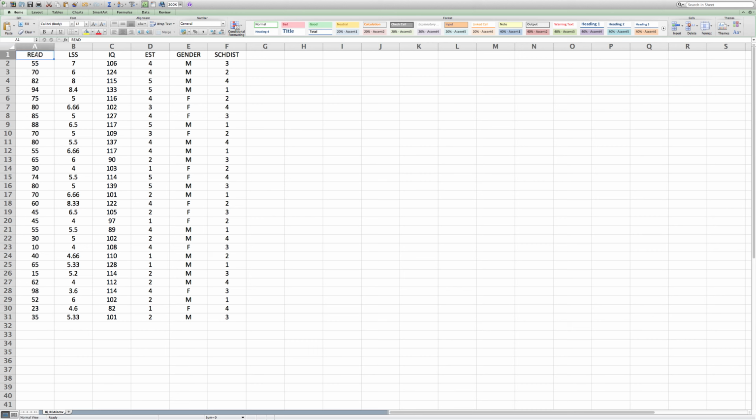Right here, they've got a reading score, and I think this reading score was taken from the Metropolitan Achievement Test. LSS is kind of a cool measurement. What they did is they let kids of this age group pick out 8 books. An independent observer, probably a teacher or maybe a team of teachers, looked at the grade level of the books.